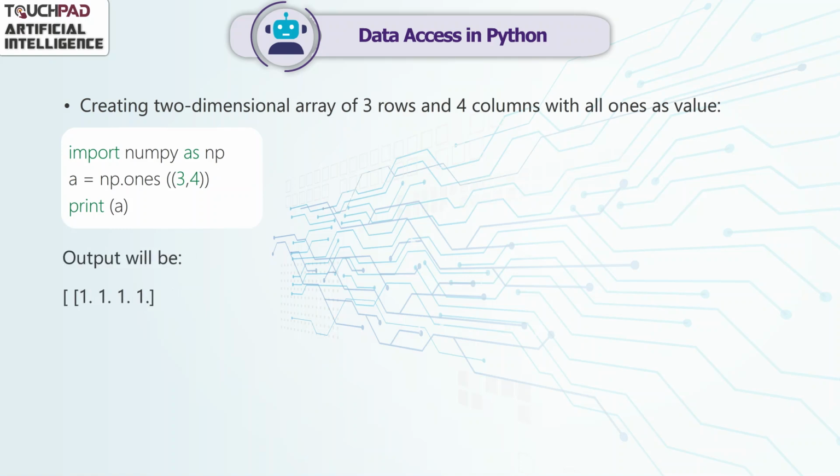Output will be 1 1 1 1, 1 1 1 1, 1 1 1 1. Creating a 2-dimensional array of 3 rows and 3 columns with all zeros as value.